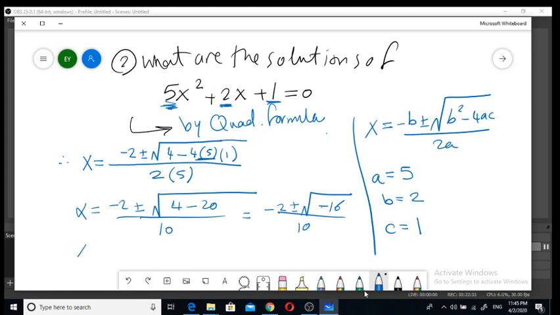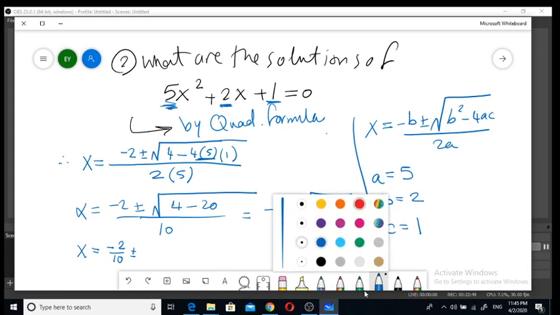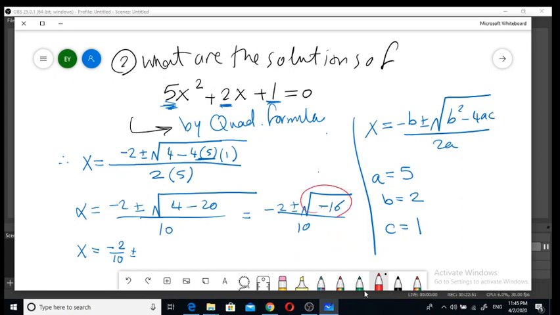Then easily we can find x. Negative 2 over 10 plus or minus, we have square root of negative 16, so it will be two parts, square root of negative 1, which is I, and square root of 16, which is 4.